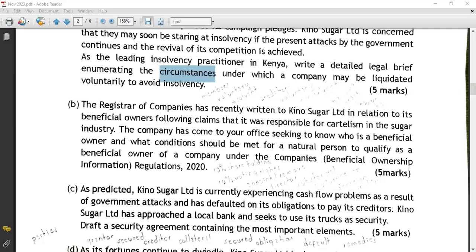I said before you joined, in the introduction, that on companies and insolvency, someone must be able to read the Companies Act and its regulations, and the Insolvency Act and its regulations. Because for a question on companies and insolvency, you cannot get less than 20 marks.